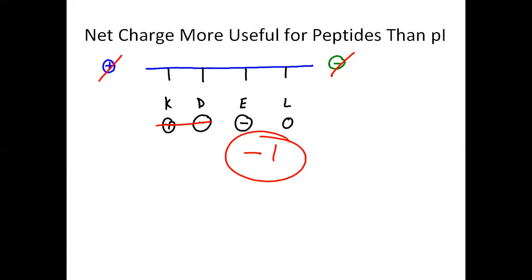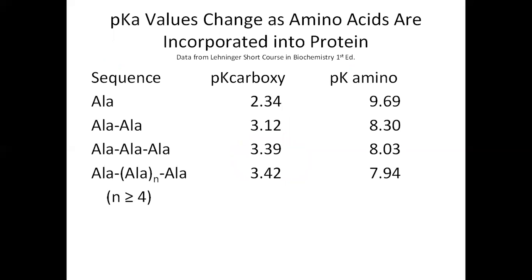One of the reasons that the net charge is far more important than the isoelectric point is shown on this slide. The pK values for the carboxy and amino terminus of the amino acid alanine are 2.34 and 9.69.